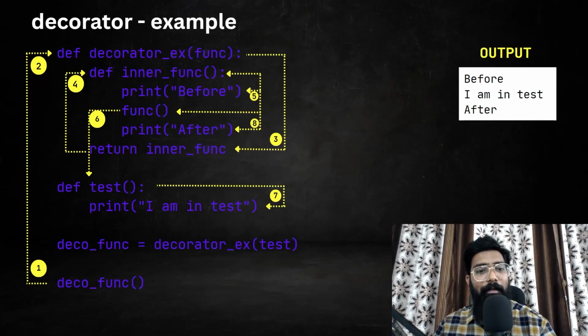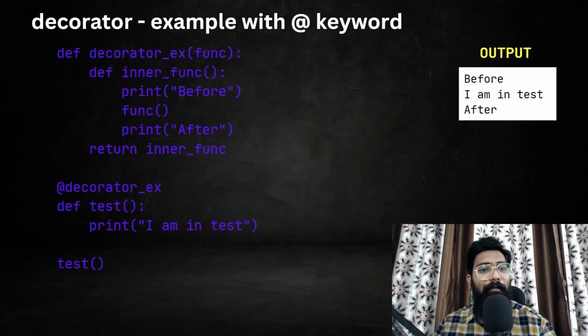There is another way of implementing a decorator, with the @ keyword. Let's see that. We have taken the same example, decorator_example, which again takes a function as an argument, but the only change is in the implementation of test. We have added @decorator_example to the test function.